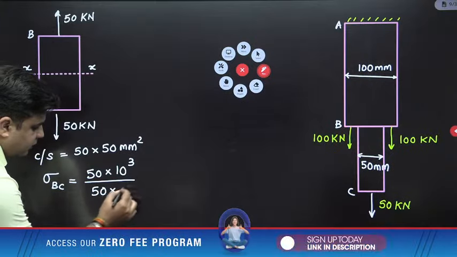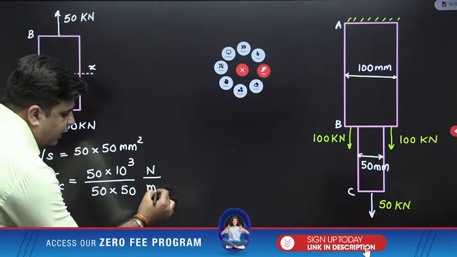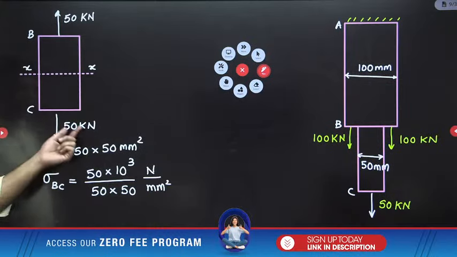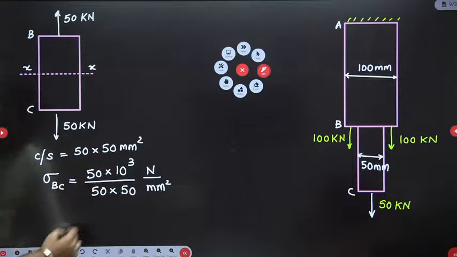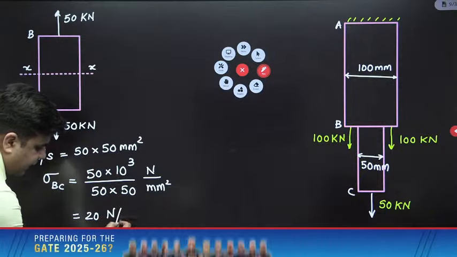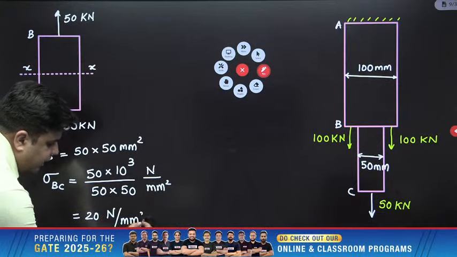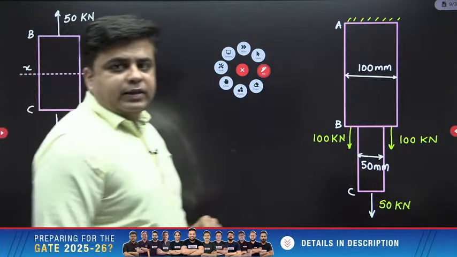Please calculate this. This will come out in Newton per mm square. I have converted kilonewton into newtons, and the area is in mm square, right? So I think this will come out as 20. Just check the answer. 20 Newton per mm square will be the axial stress on this portion BC.